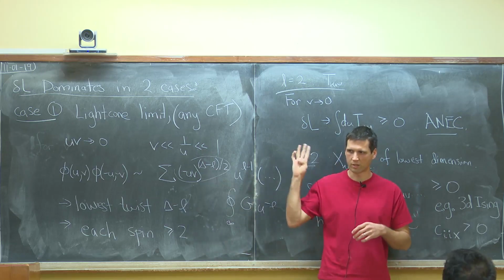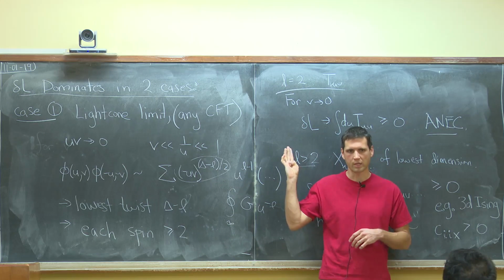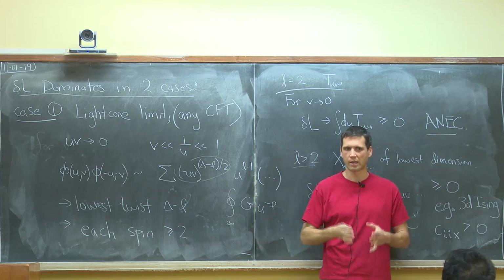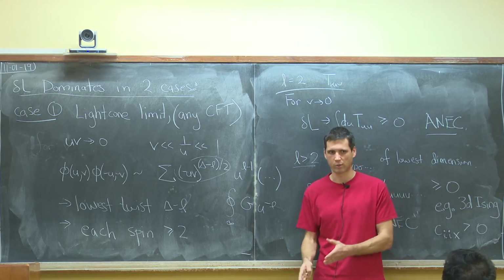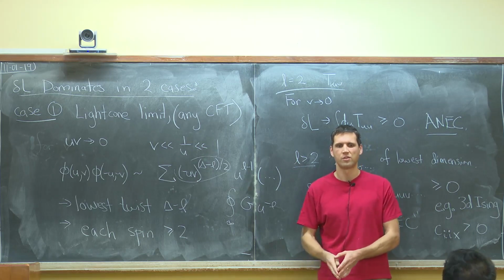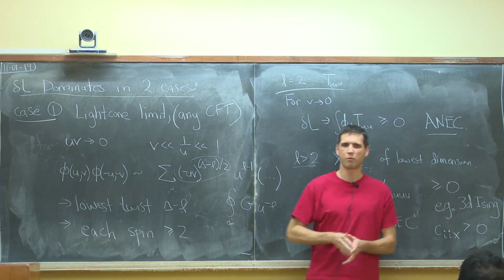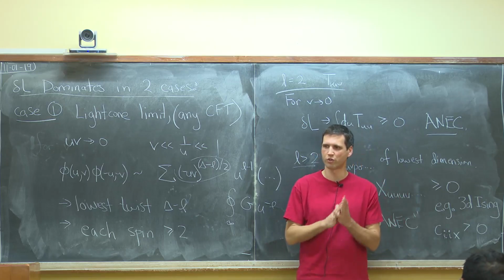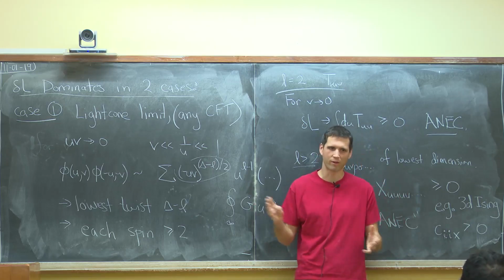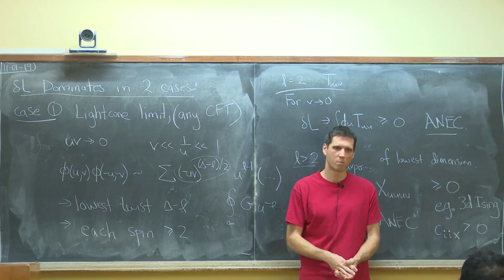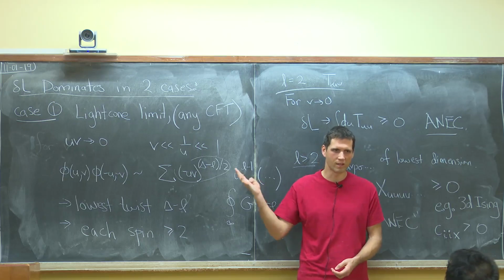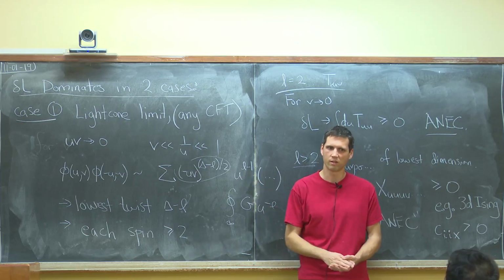Where I'm about to go to the A equals C case, in that case, the length operator is positive in large N theories with a large gap in states near the vacuum. So I think that if we were able to calculate the full general nonlinear length operator, we should be able to talk about a length operator in a black hole background, but it's not the same operator. It's not the operator that I wrote here.